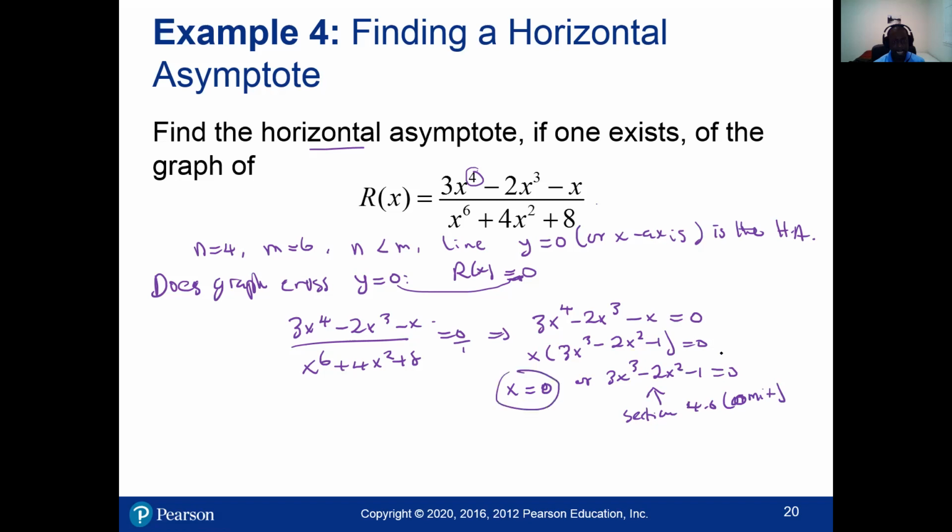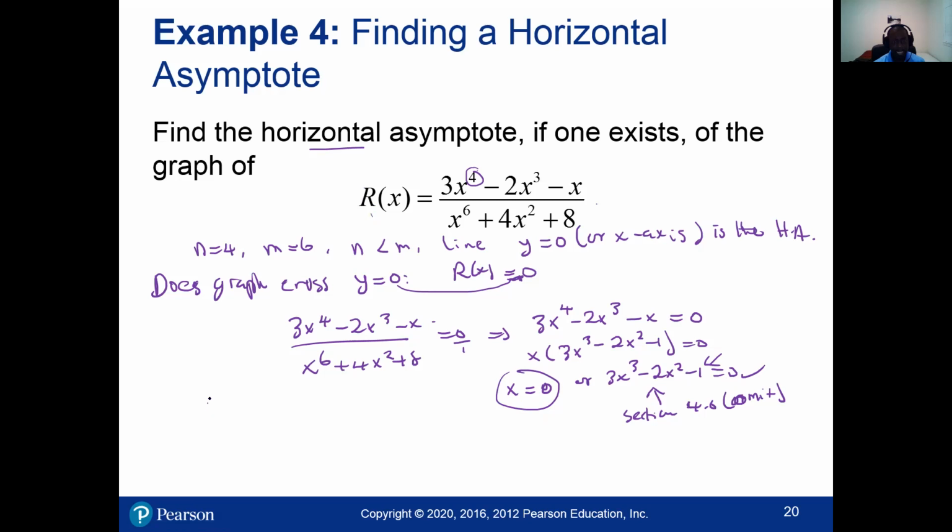There are other roots we would have to find from 3x cubed minus 2x squared minus 1, but I don't want to go into the solution because we don't cover it in this class. But what you should know is that at least x equal to 0 is where the graph of r of x will cross.